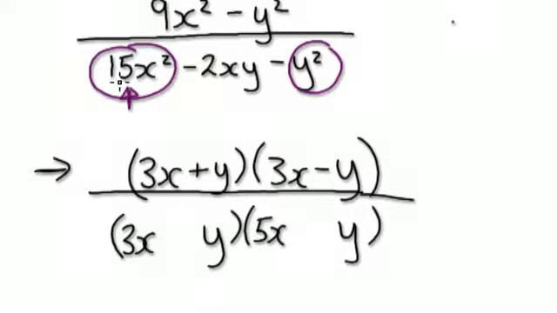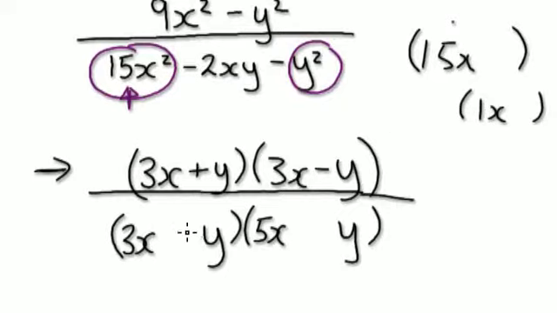This is the only way you can create a 15x squared, or you could do a 15x in one bracket and a 1x in another. But I've got a hunch that it's going to be a 3 and a 5. And by having a 3 and a 5, you will be able to create this, and you will be able to create y squared. The hard part is the bit in the middle.